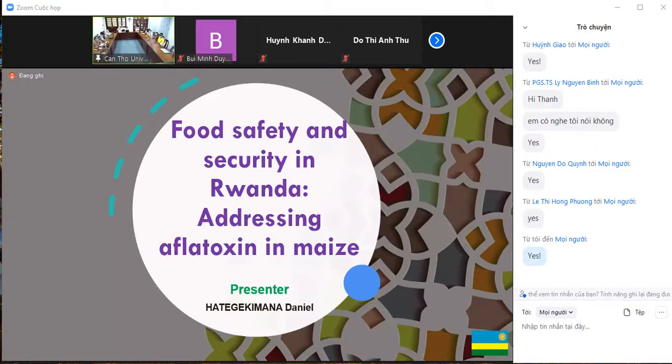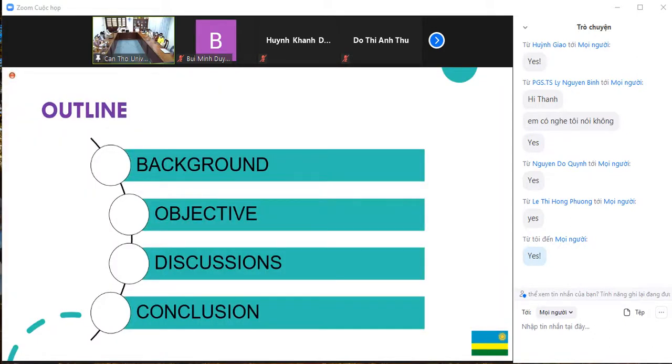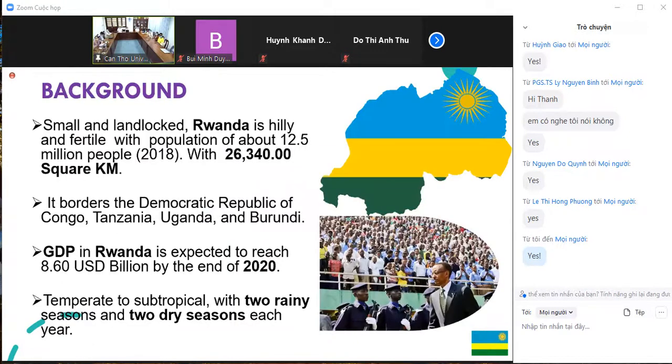Thank you. My name is Hategekimana Daniel. I'm from Rwanda. I'm going to talk about addressing aflatoxin in maize, a key to food security and safety. This is the outline. Rwanda is a small, landlocked country with many mountains and fertile soil.